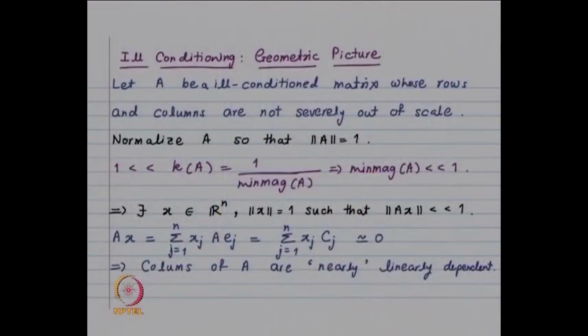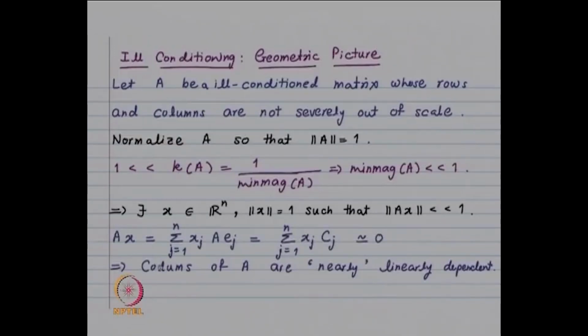So, minimum magnification of A being much smaller than 1 will mean that there exists a vector x of norm 1 for which norm A x is small, or it means the vector A x is going to be about a 0 vector. So, there exists x belonging to R n, norm x is equal to 1 such that norm A x is much less than 1.